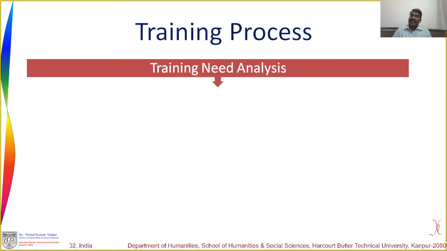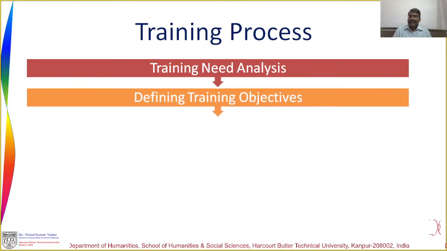After this training need analysis, we will discuss each step in detail in a coming part of this lecture. The second step in your training process includes defining training objectives.